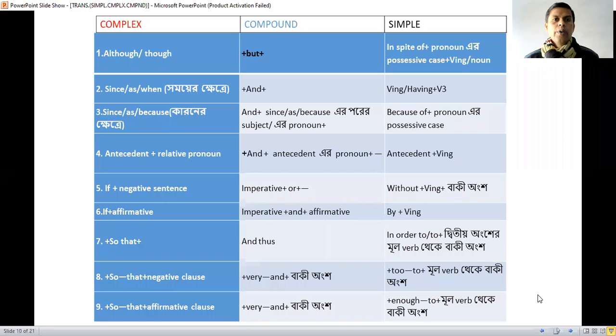Now we learn about the rules of transformation on complex, compound and simple. If there is although or though, then in compound we usually use but. And in simple, we use in spite of plus a pronoun in possessive form, then verb plus ing or noun.